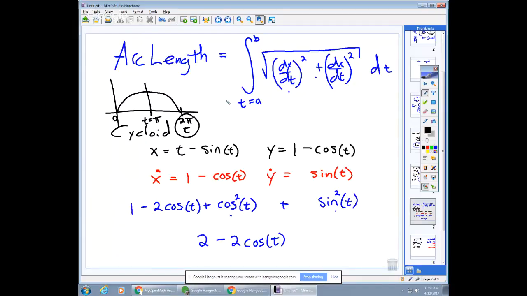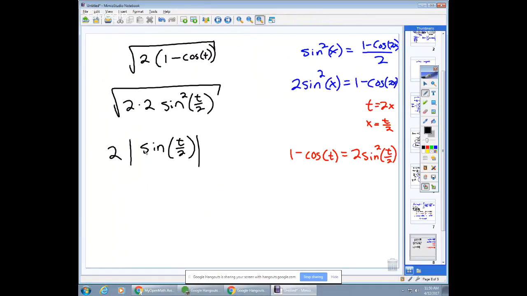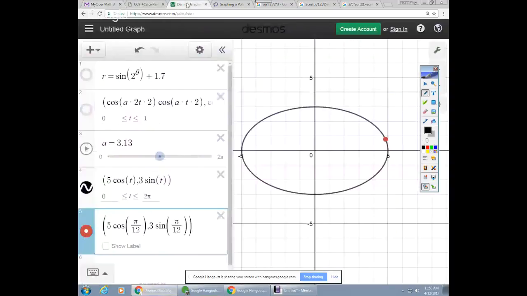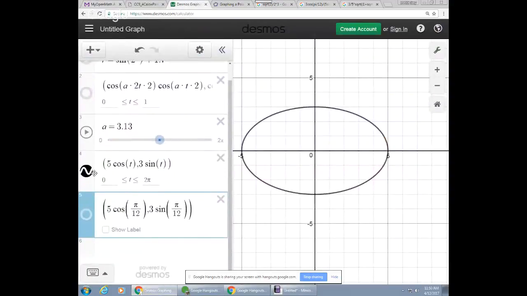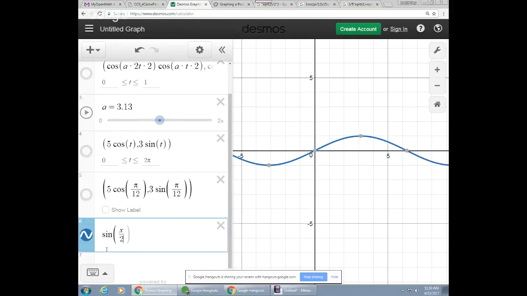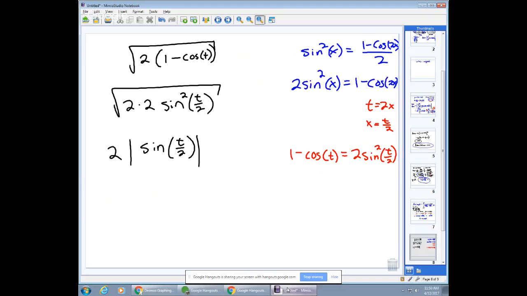Now, what's the period of the sine of t over 2? I think it's 4 pi, isn't it? Yep, it is. So it's positive the whole length, so we're good. We don't need the absolute value anymore, so that's nice.